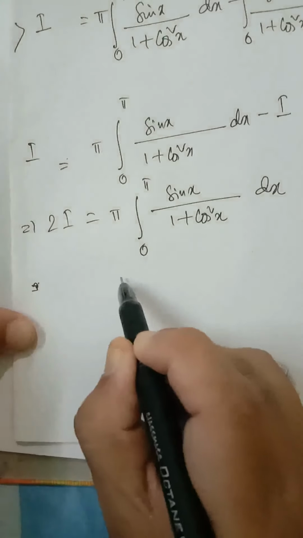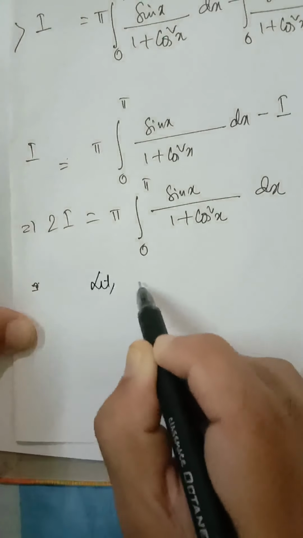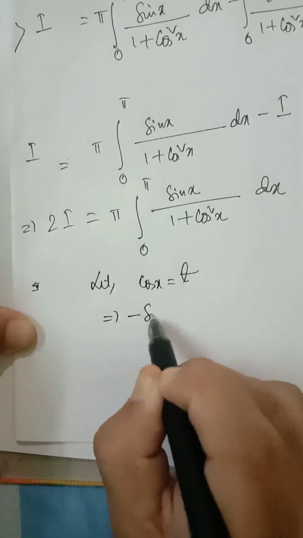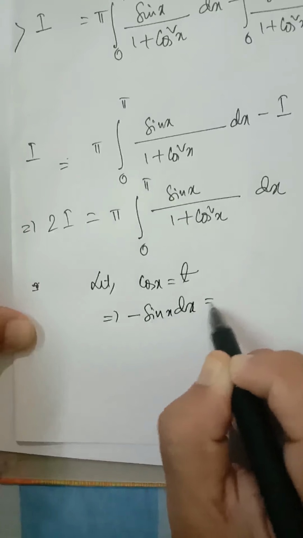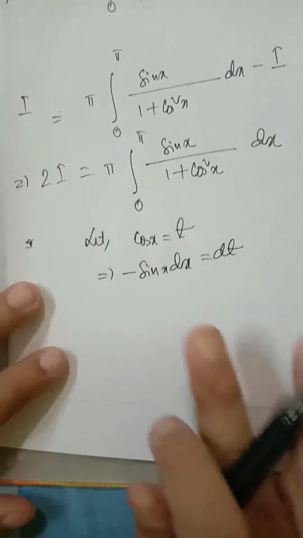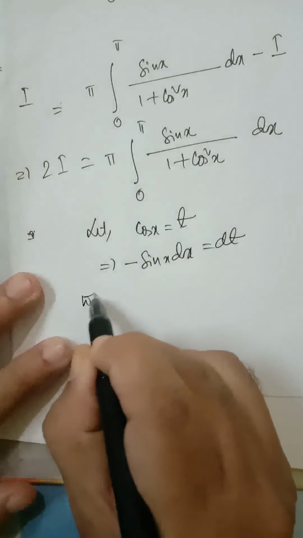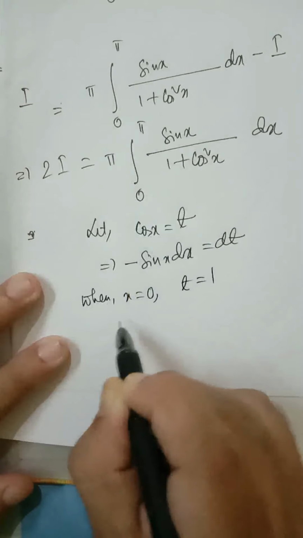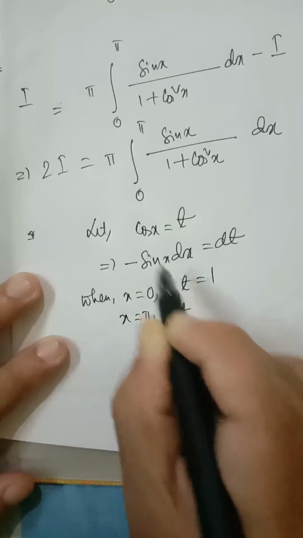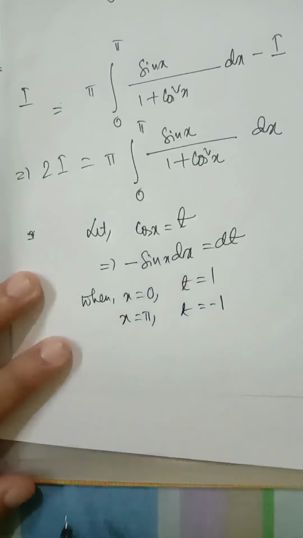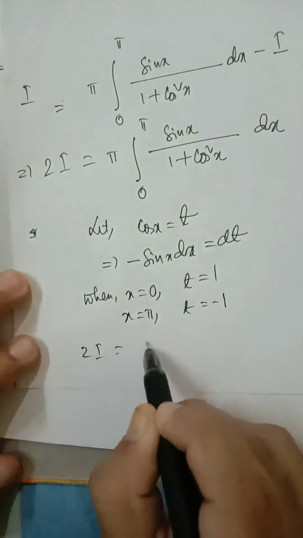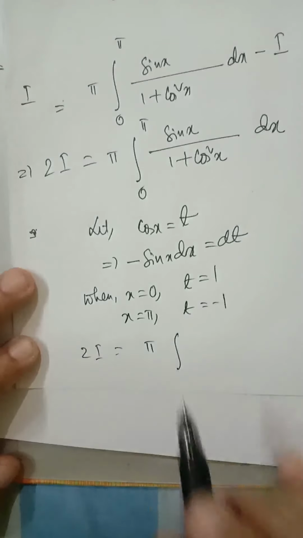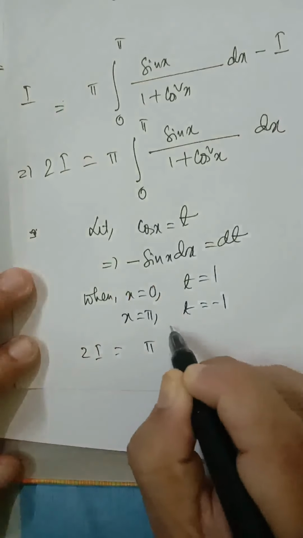Now to integrate the right hand side, we will substitute, we will put cos x equal to t. Let cos x equal to t. Its derivative is minus sin x dx equal to dt. When x equal to 0, t equal to cos of 0, which is 1. When x equal to pi, t equal to cos of pi, which is minus 1, and therefore the right hand side becomes integral from 1 to minus 1.